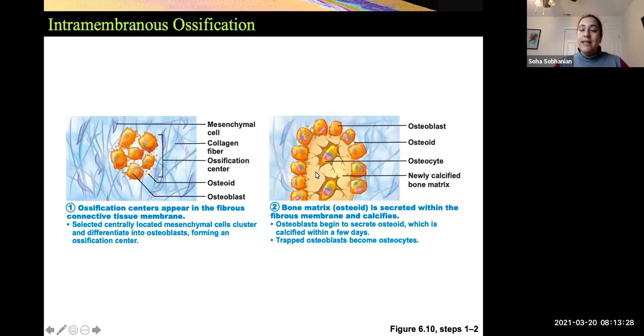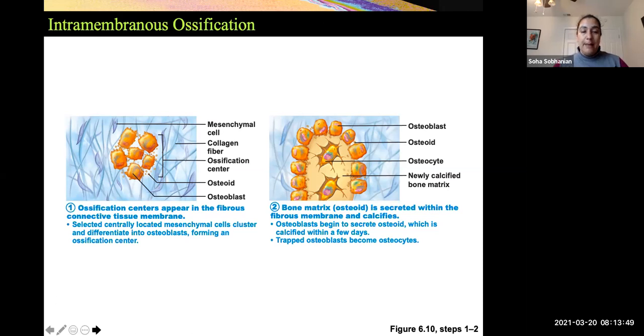However, the ones that get trapped inside the osteoid, inside that bony tissue, are called osteocytes. And you guys remember osteocytes are identified as mature cells, right? These are cells that are now responsible for maintaining your bony tissue.